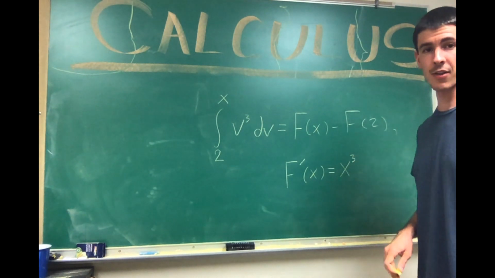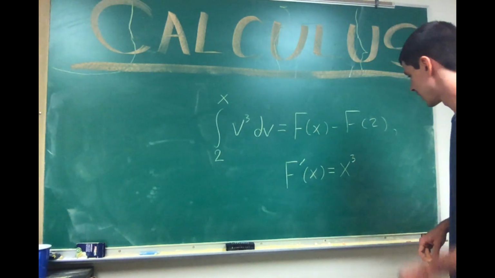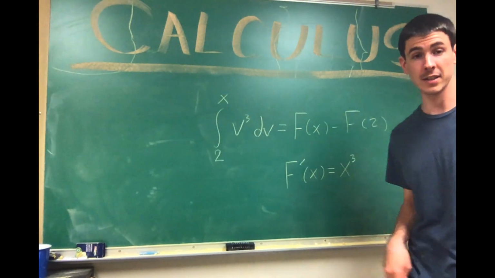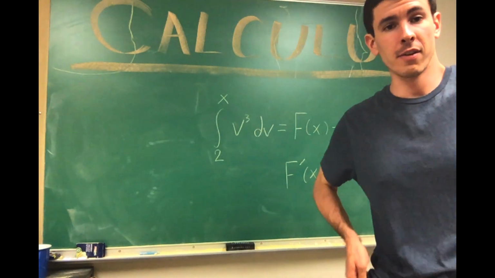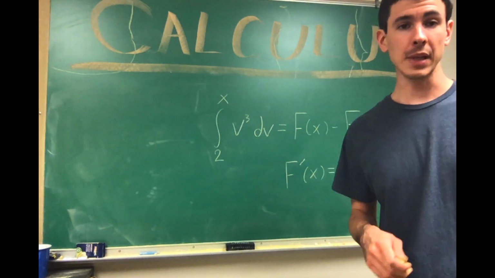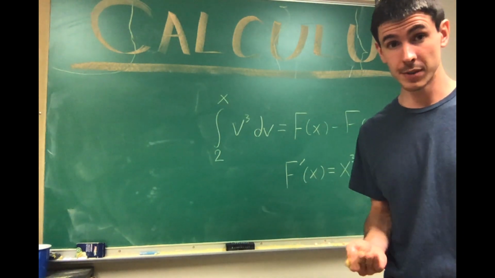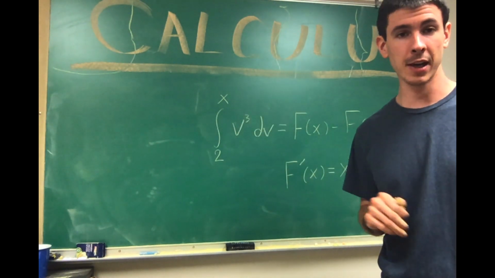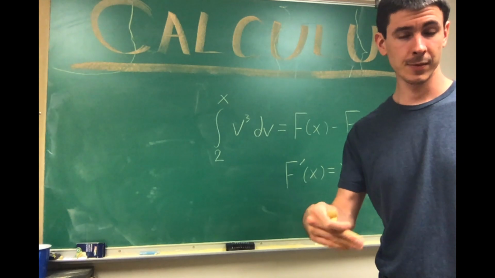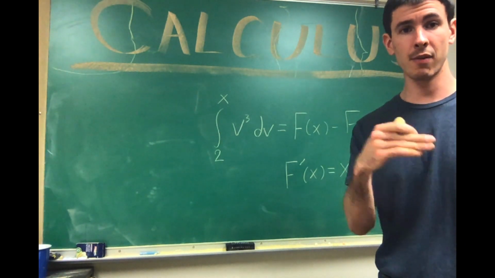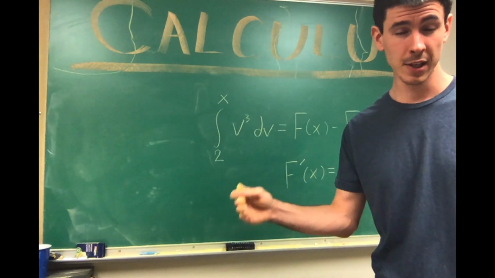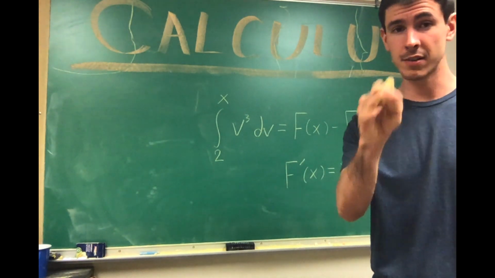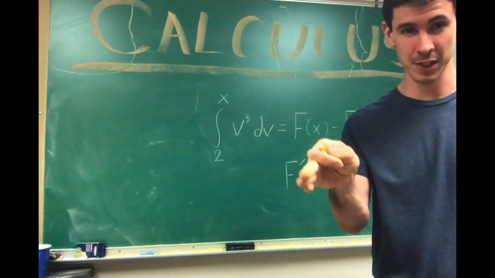Well, if you sat down and thought about it for a second, you could see that it's going to be some constant multiple of x to the fourth, because the derivative of x to the fourth is 4x cubed.